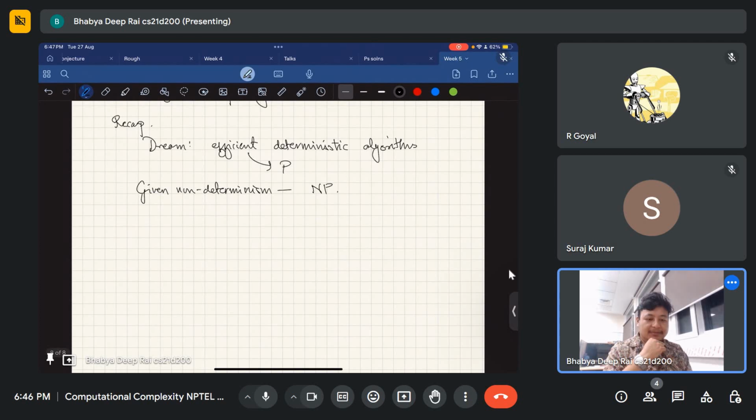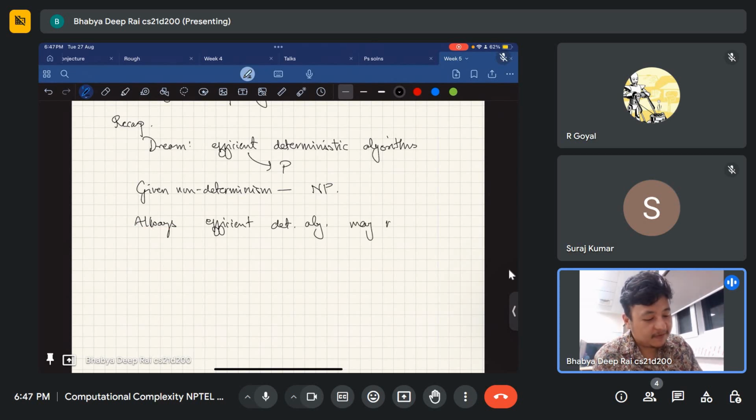Now, always efficient deterministic algorithms may not be possible. So that is when we turn to something called randomized algorithms.